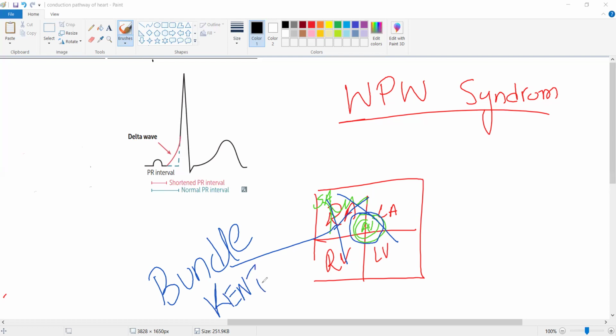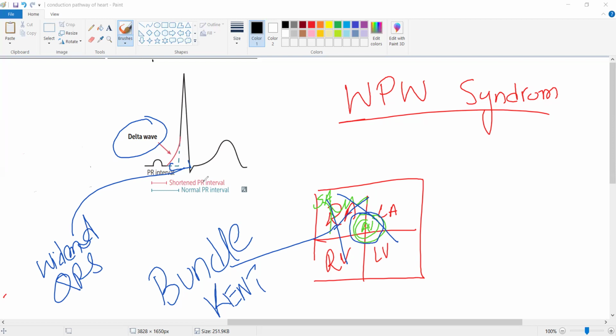Okay, so these are some ECGs that show the delta wave. The QRS is widened, and the PR interval is short in Wolff-Parkinson-White syndrome.